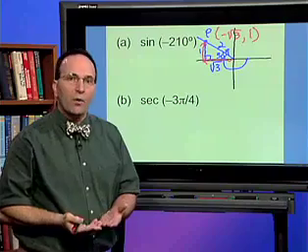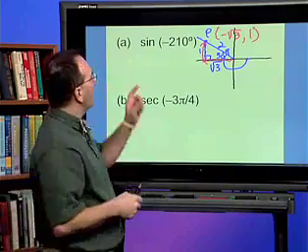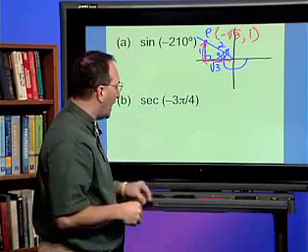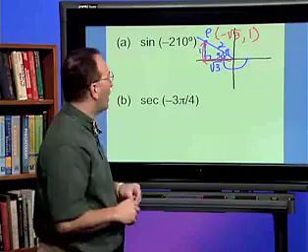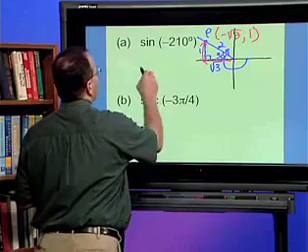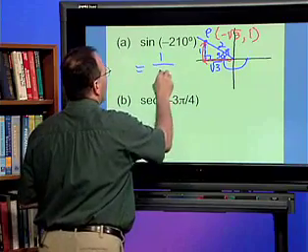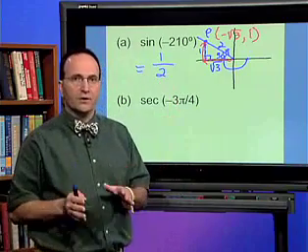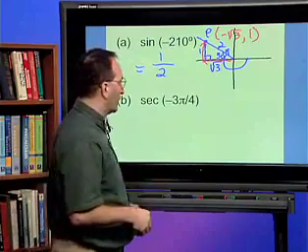So now we know the point P, we know the value of r, and we want the sine. And sine is equal to y over r, so sine of negative 210 is the y value, 1, over the r value, 2. Let's do the same thing for negative 3 pi over 4.